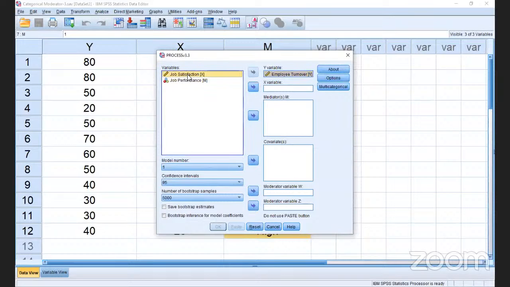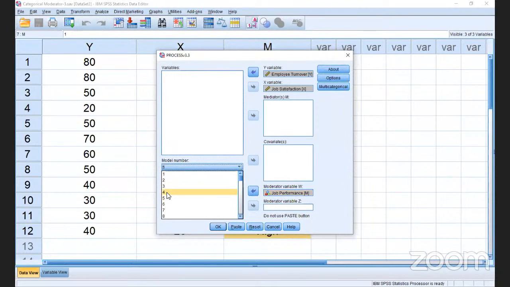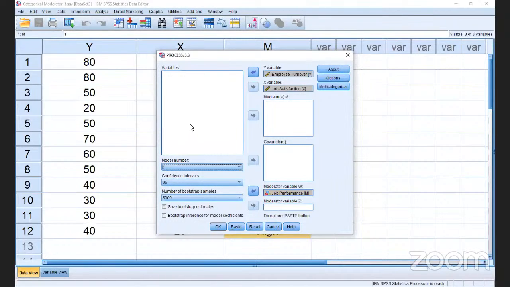Job satisfaction is the independent variable, so I am transferring it to X. Job performance is a categorical variable, low job performer and high job performer, so I am transferring it to the moderator variable W. By default the model is 1. For moderation we use model number 1, and for mediation we use model number 4. Here it is a moderator, so we are using model number 1.